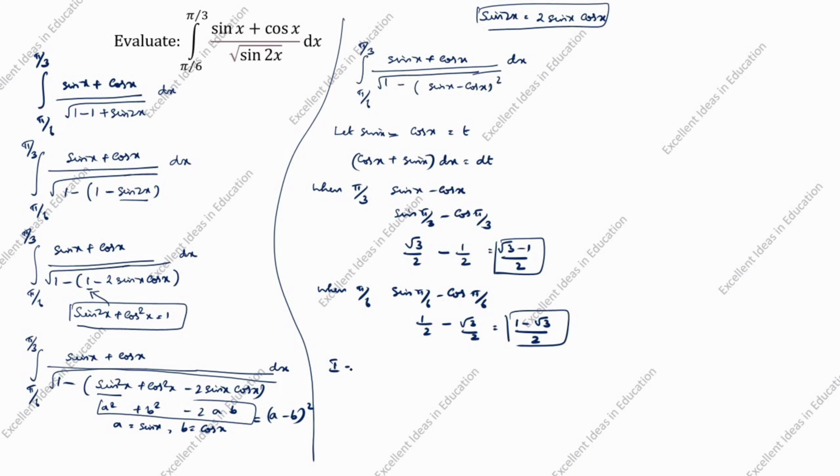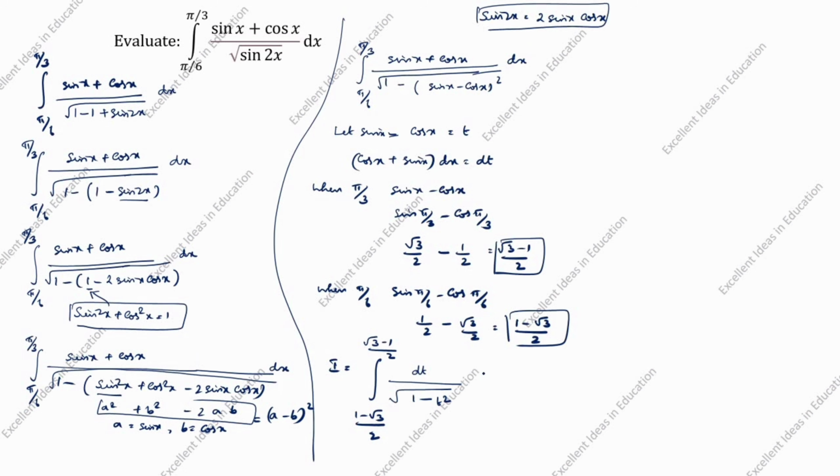Next, I is equal to integration, upper limit is root 3 minus 1 divided by 2, lower limit is 1 minus root 3 divided by 2, of dt divided by root of 1 minus t square, since sin x plus cos x dx is dt and sin x minus cos x is t.